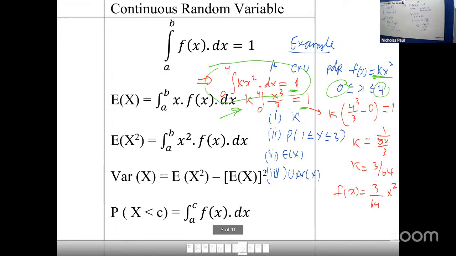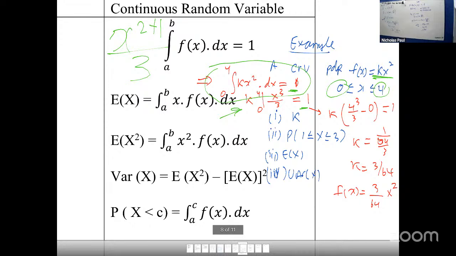Remember how to integrate: add 1 to the power, divide by the new power. Then I'm plugging in 4, and then I make k the subject of the formula. And I got 3 on 64. That's okay?